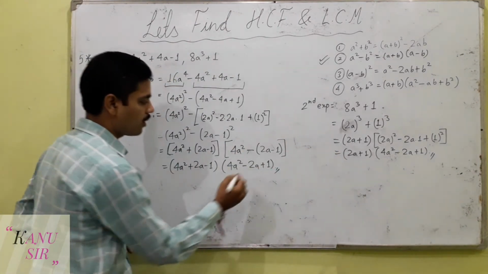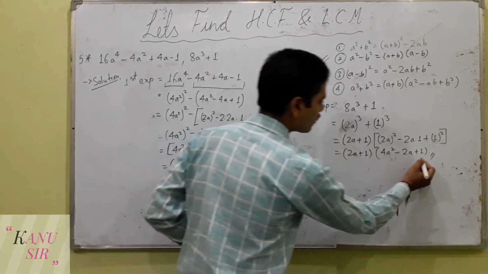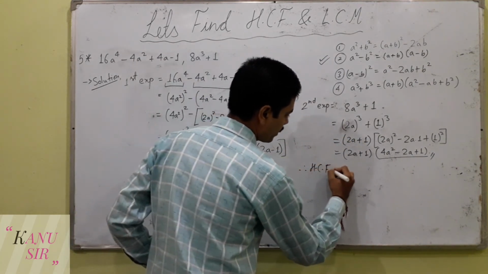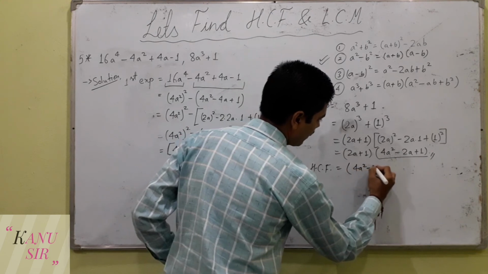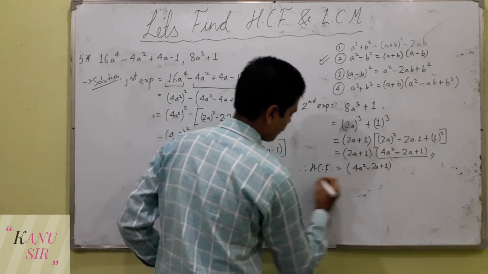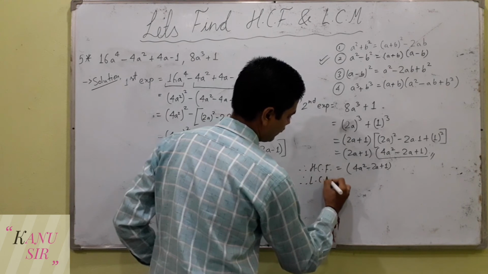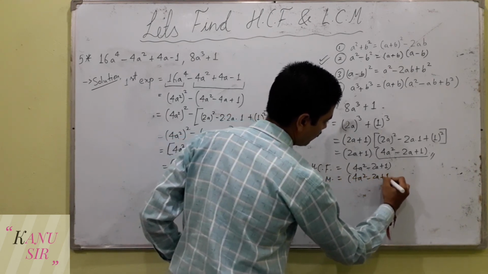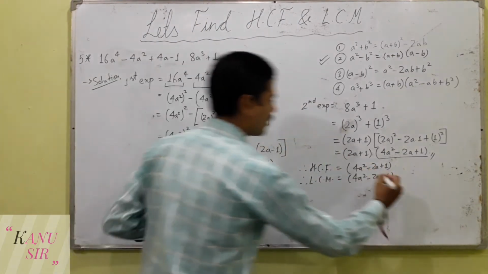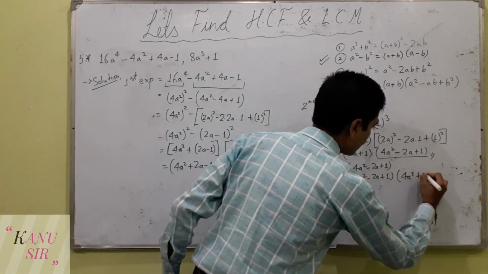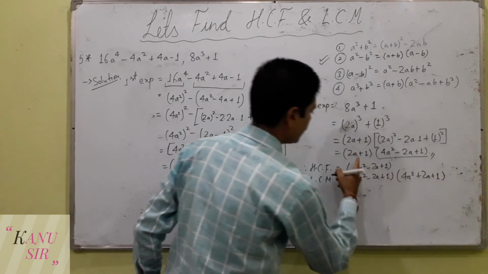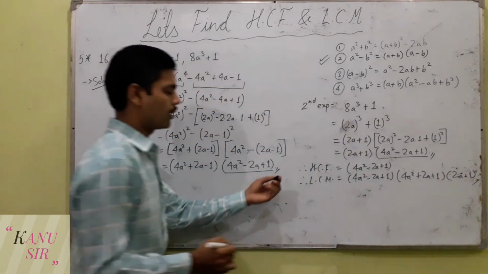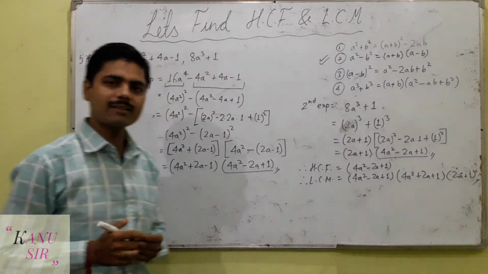You will find one common among them, that is 4a square minus 2a plus 1. Therefore, the HCF is 4a square minus 2a plus 1, and the LCM is the same, that is the HCF 4a square minus 2a plus 1, but the remaining factors will also be copied, 4a square plus 2a minus 1 and 2a plus 1, and hence we got the HCF and LCM of the given expressions.